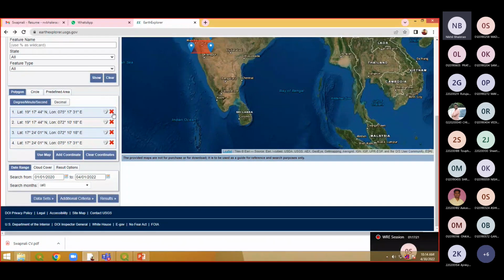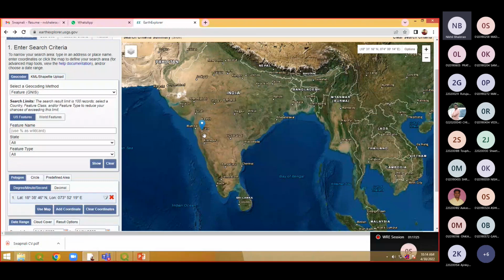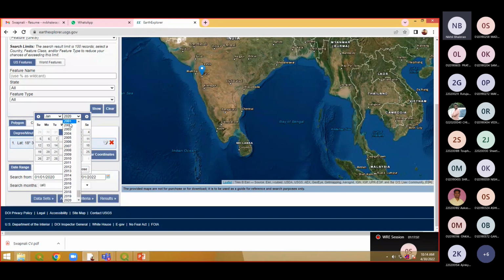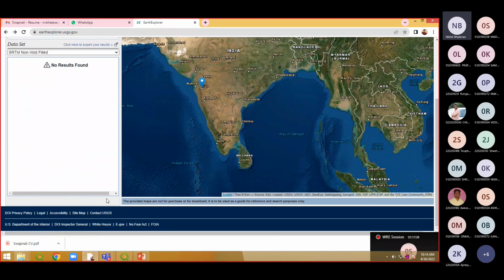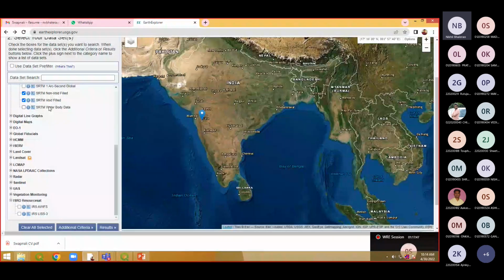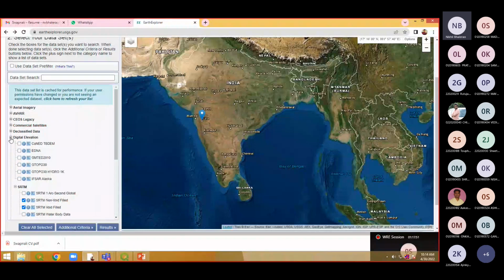Let me check. 2001. I guess some data sets are removed from this particular source, but this is the process, and this is a free data source.